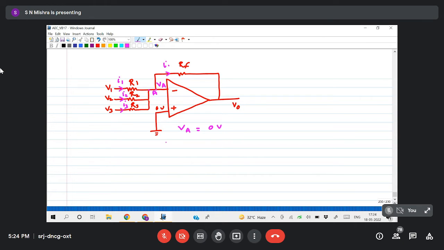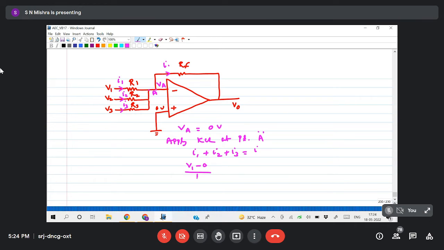Okay, so apply KCL at point A. So what I'll get: total input current should be equal to total output current. So I1 plus I2 plus I3 equals I. What is I1? V1 minus VA. VA is 0.